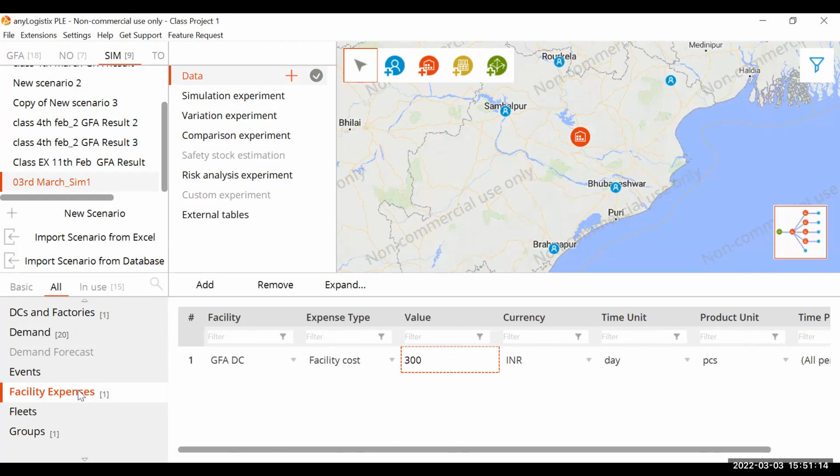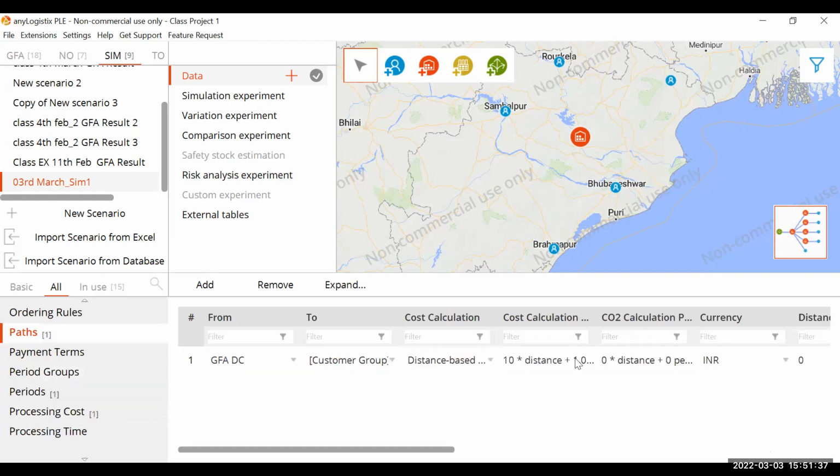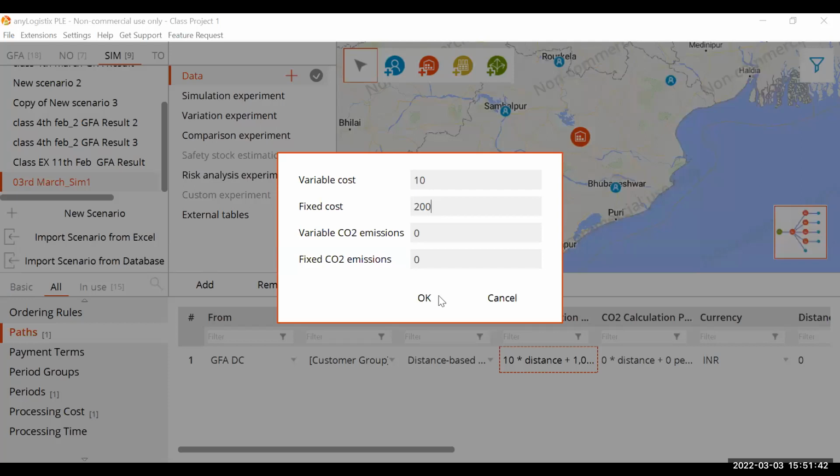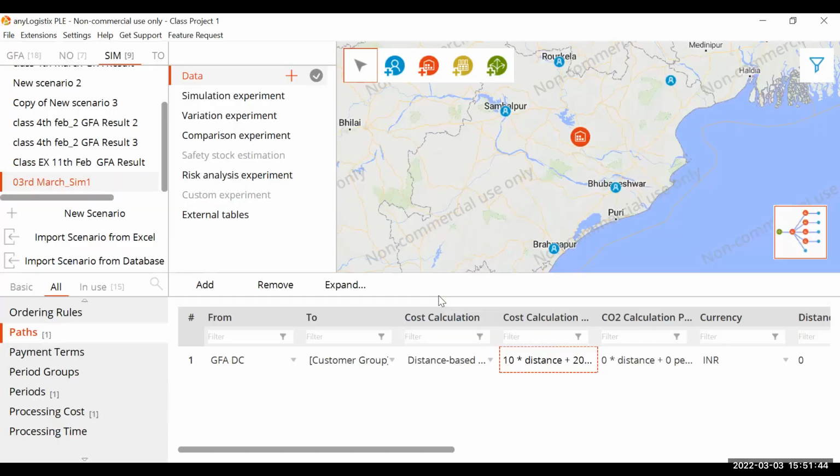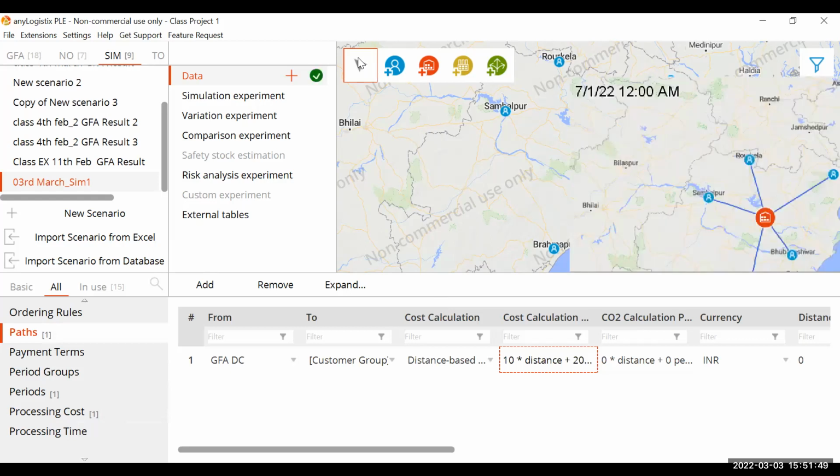I think my transportation cost is very high. Because in your case, it is from Delhi to Aurangabad, so a fixed cost of 1000 is fine. In my case, everything will be lying under 1000 kilometers, right? So that is where in the path I have to change. I'll make the fixed cost 200, let's say. But you keep it the same because for you it is a larger distance. Simulation experiment, run it.